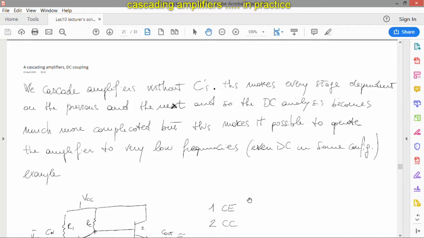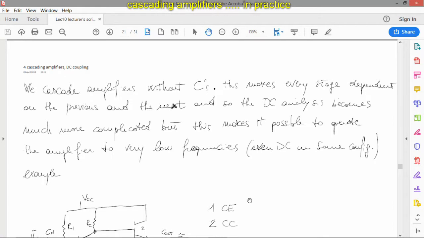A bit more complex is actually DC coupling. So I take different amplifiers, could be the common emitter with the common base or a common collector and so on and so forth, and connect them, but now without using capacitors. I just said that C coupling is nice because it's simple, but it introduces a lot of capacitors.